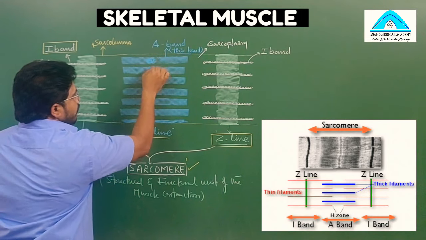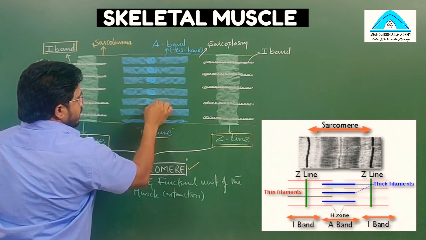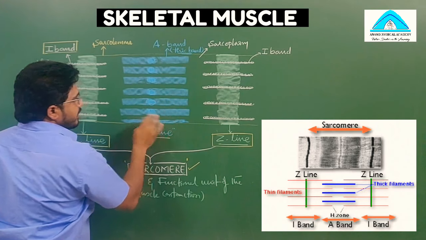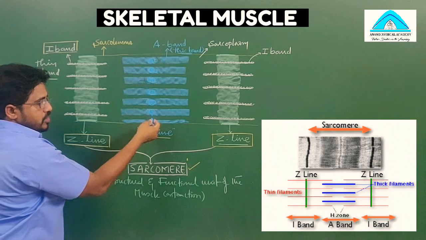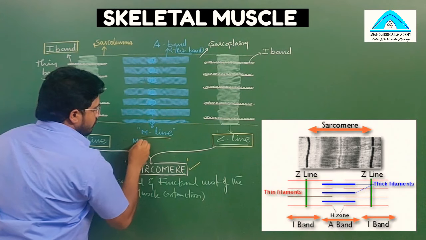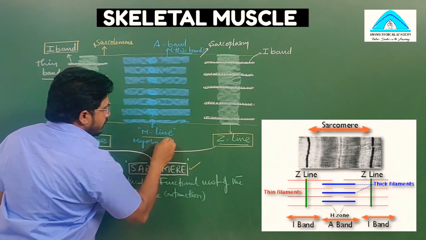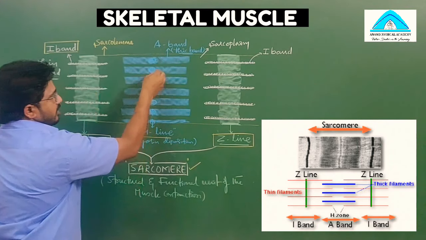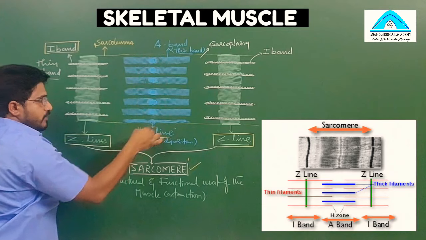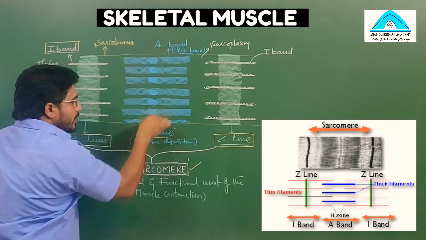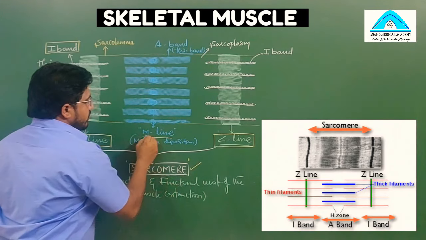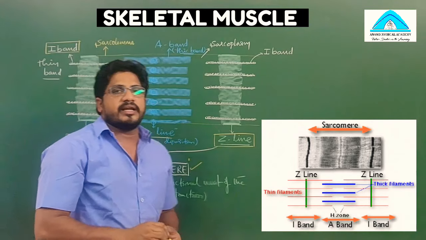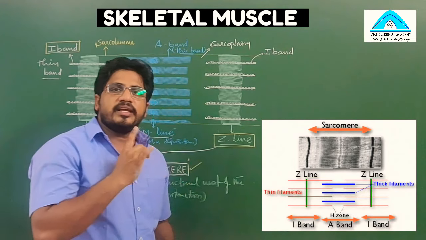That's why they look like one line. Actually, myosin is not a line, but due to the high deposition of myosin protein at the center of the A band, it appears as one line under the microscope. That is why it is called the M line. Where does the M line exist? At the center of the A band.